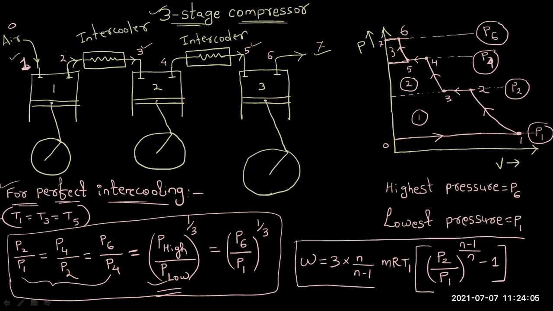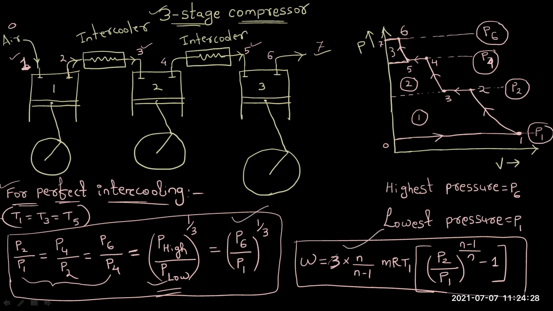This formula will remain the same. In case of a 2-stage compressor, we had taken 2. In place of that, for a 3-stage compressor, we will take 3 over here. And the remaining formulas are exactly the same. And this is the working condition for perfect intercooling, and this is the total work.